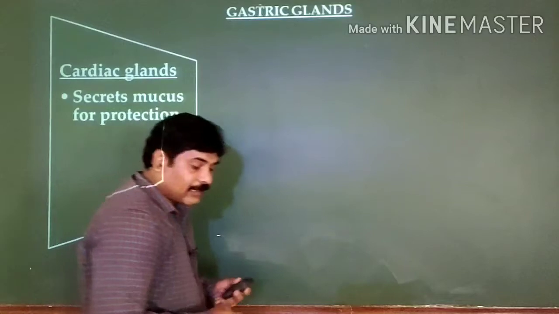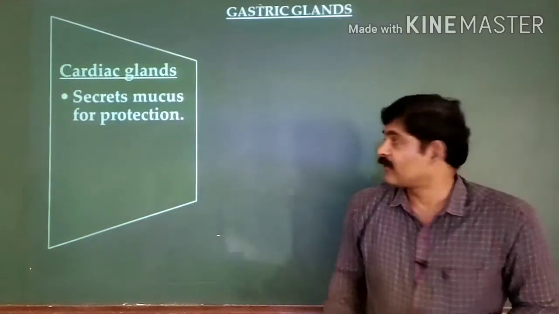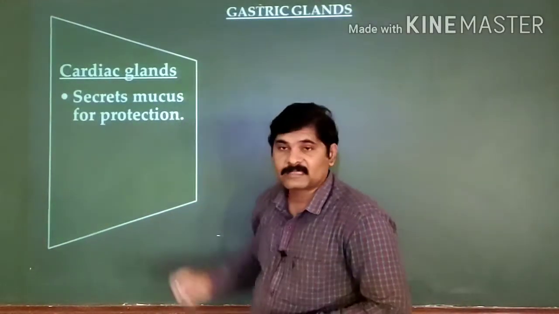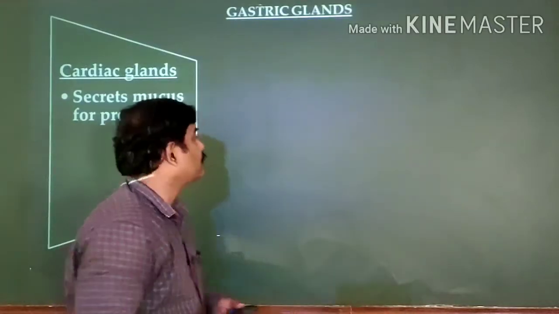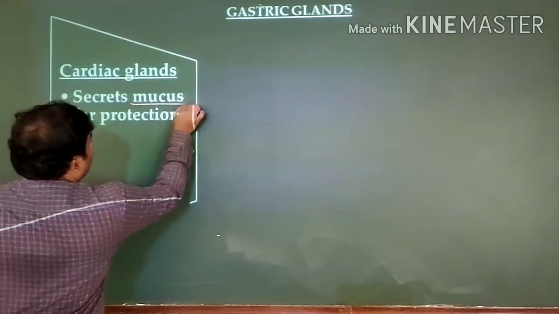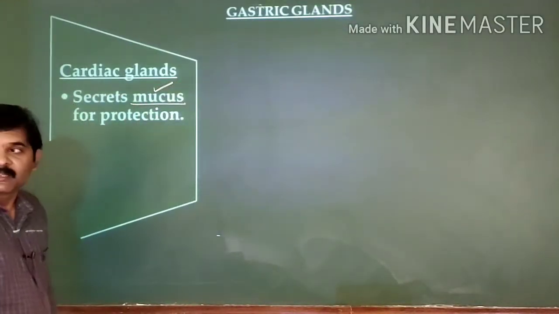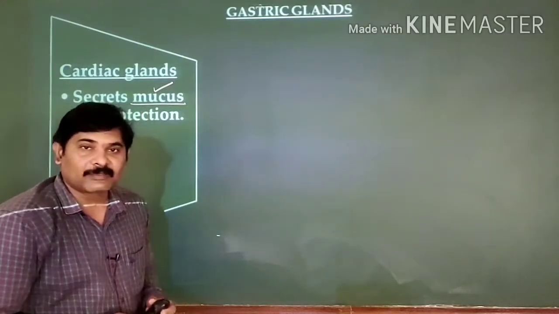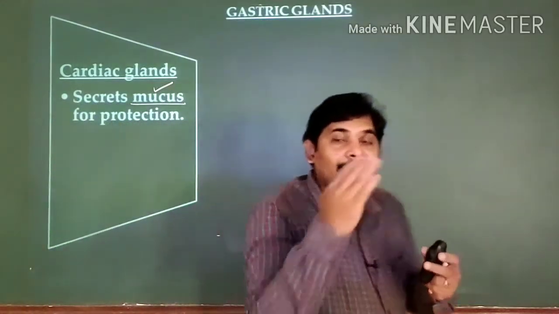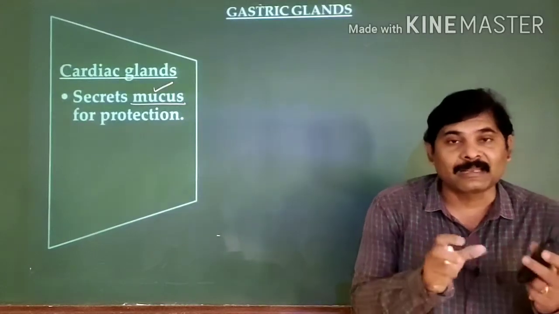The first type of gland is known as the cardiac glands. These cardiac glands produce mucus. What is the use of this mucus? Mucus protects the inner layer of the wall of the stomach.